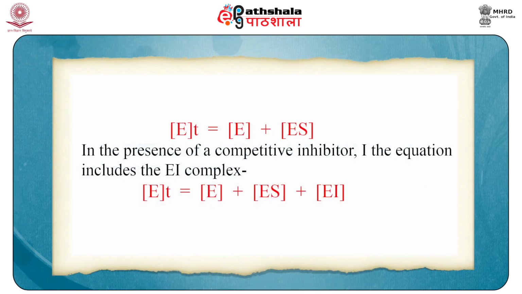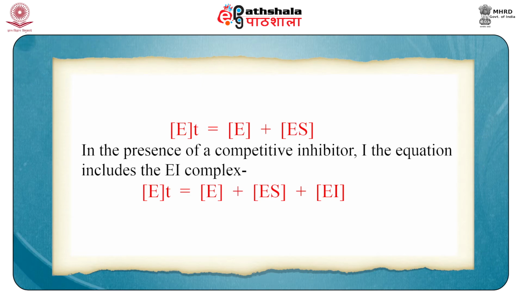In the derivation of the Michaelis-Menten equation, the enzyme is therefore partitioned into two species, free enzyme and enzyme substrate complex, or E total ET is equal to E free enzyme plus ES, the enzyme substrate complex.